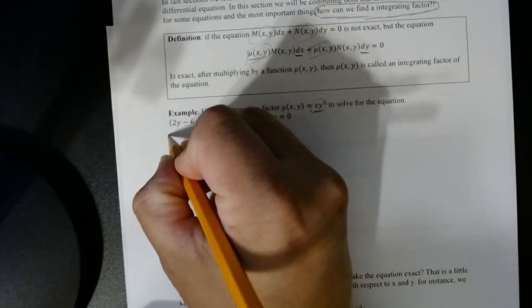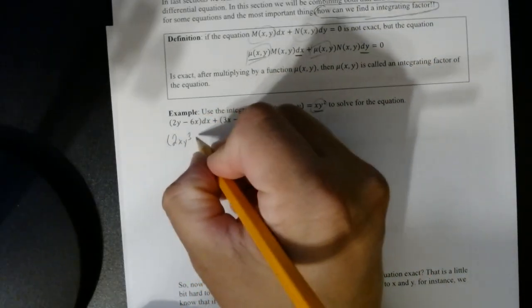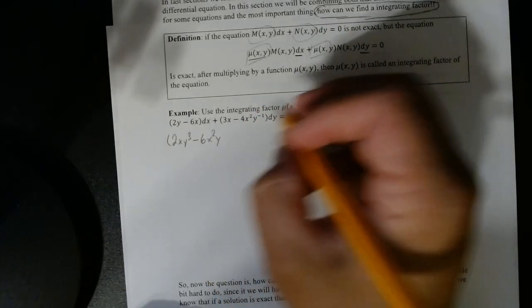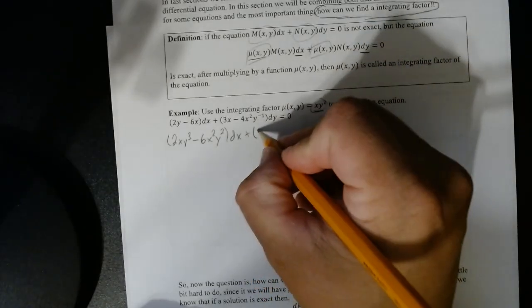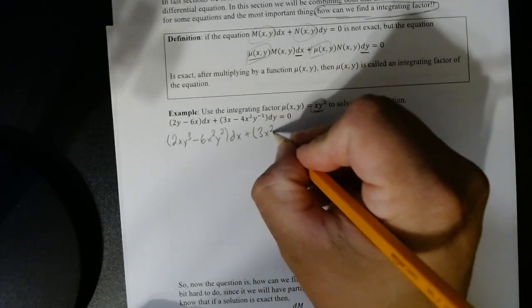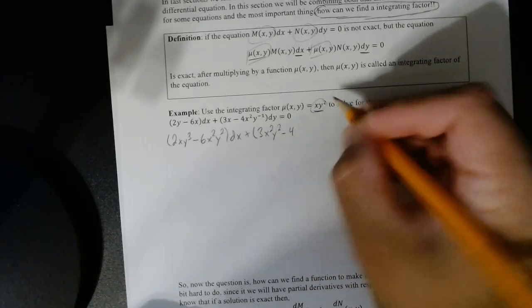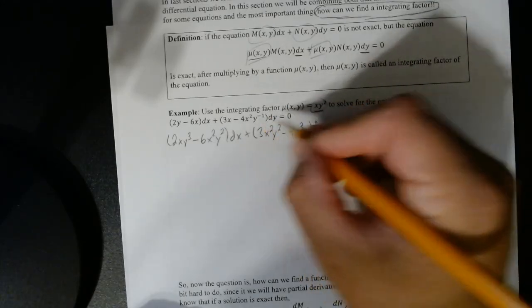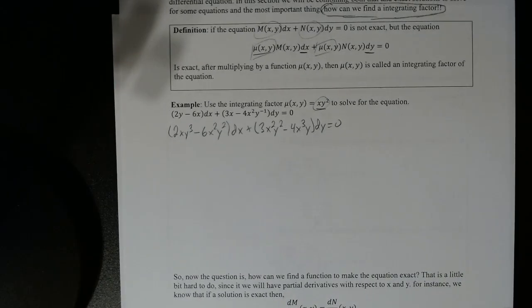So this ends up being 2x y to the third minus 6x squared y squared dx plus 3x squared y squared minus 4x to the third y, because the negative power cancels. So this is the actual equation we're dealing with.